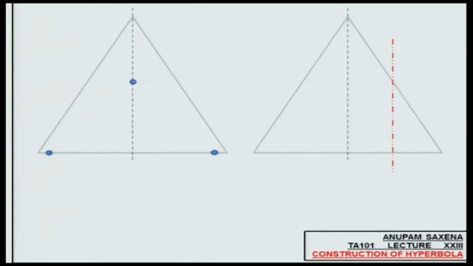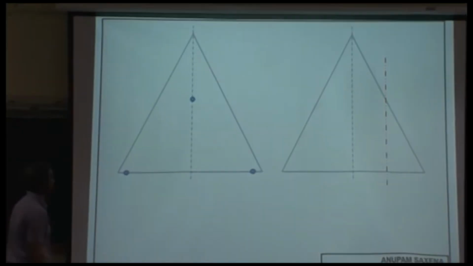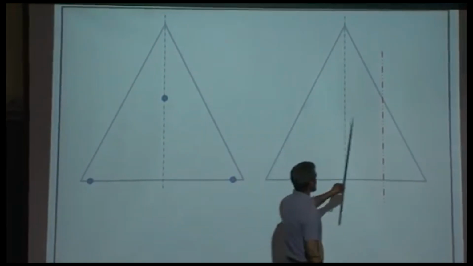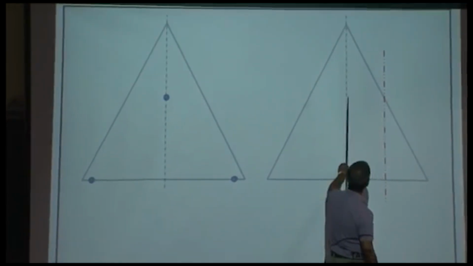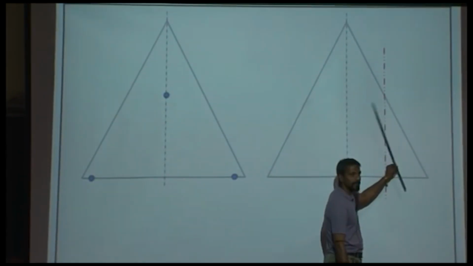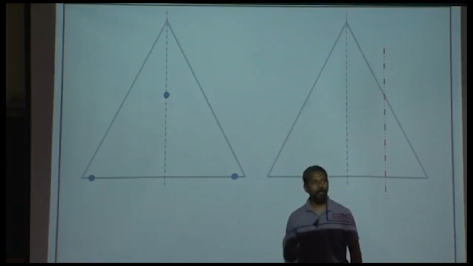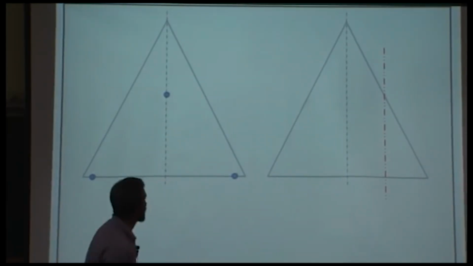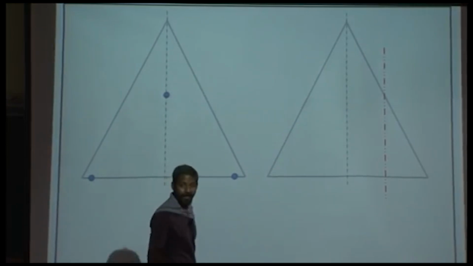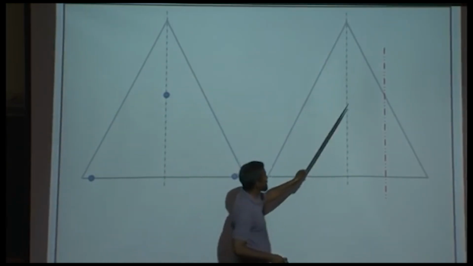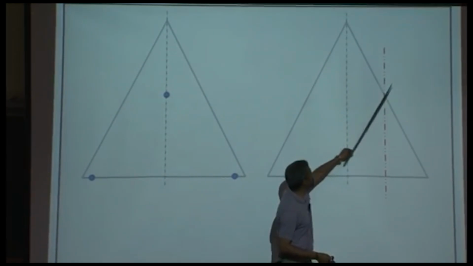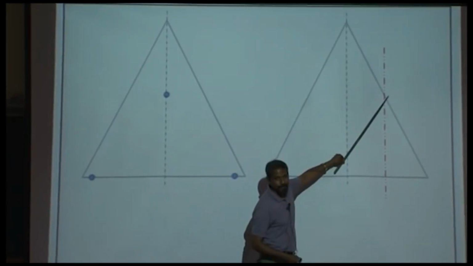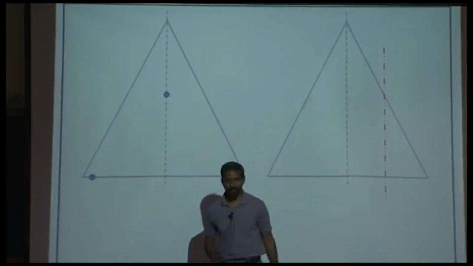The intersection between the cone and this plane, the red plane, is going to be a hyperbola, right? This plane can be vertical, parallel to the axis of the cone, or slant. What could it not be? It shouldn't be passing through the apex. If I have this situation, what do I get? We get a parabola. Otherwise, we get a hyperbola, right?